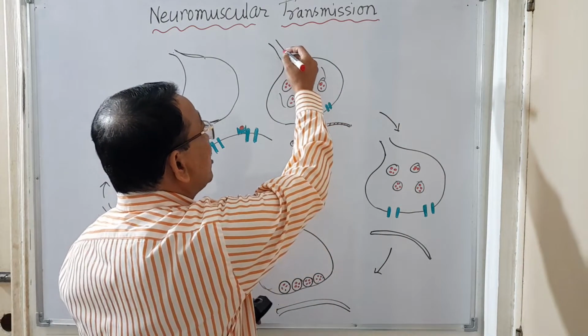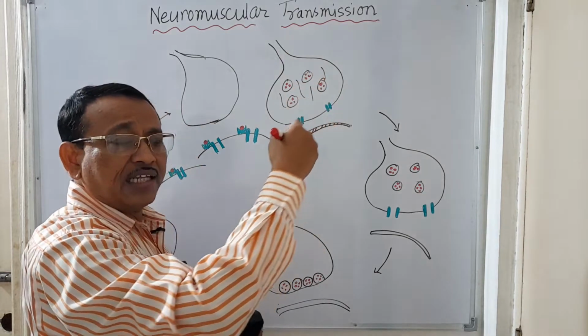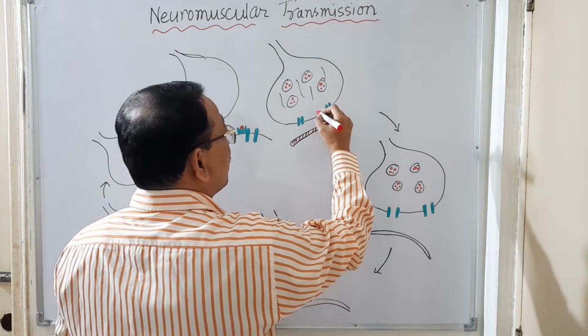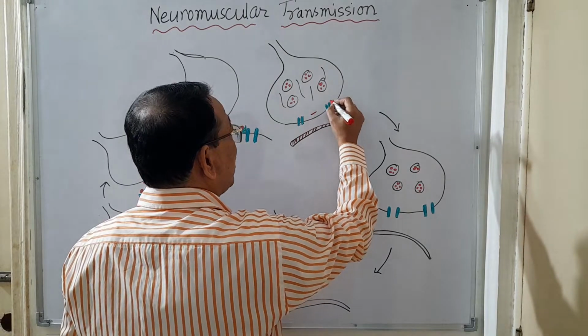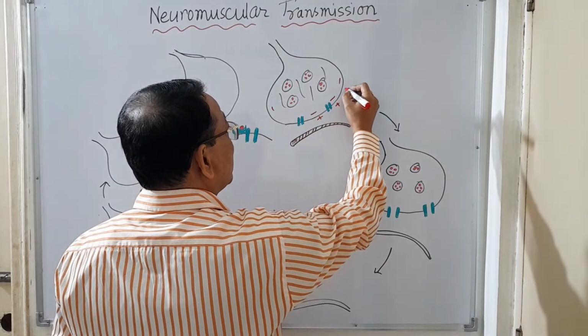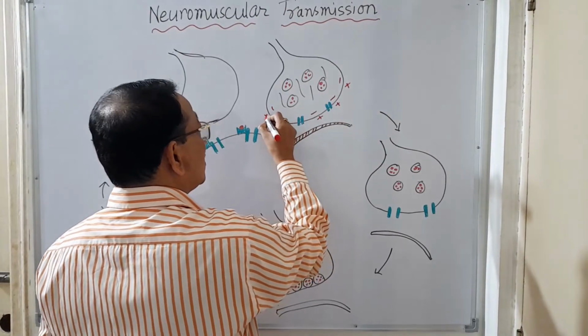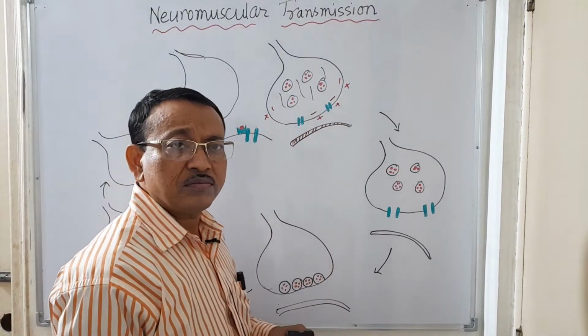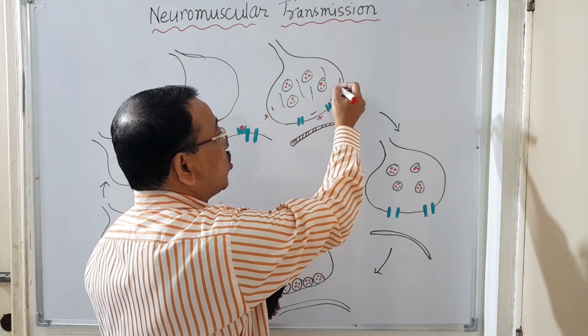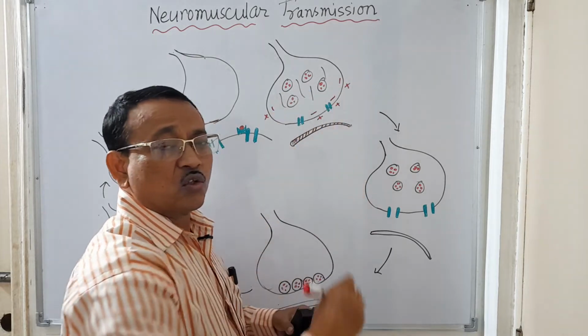So in the resting neuron, like that of all the resting cells in our body, the inside of the membrane is electronegative, that you already know, and the outside of the membrane is electropositive. So in the resting condition, inside is electronegative and outside is electropositive.